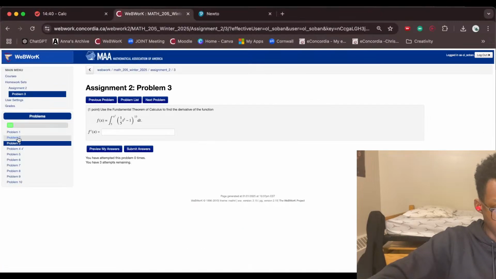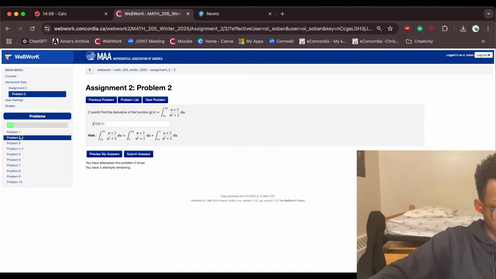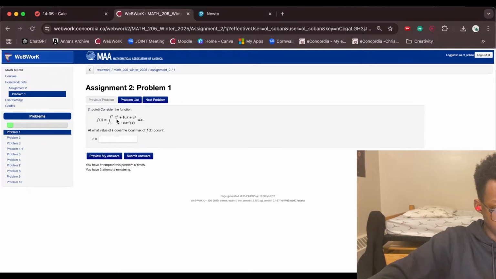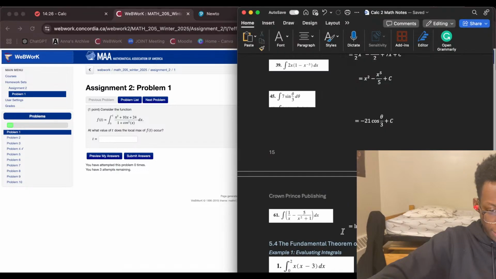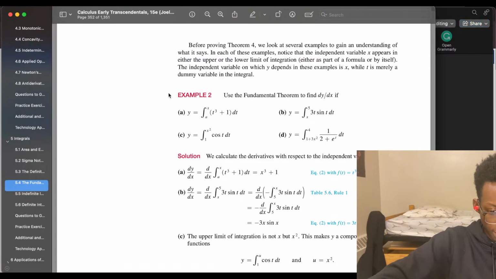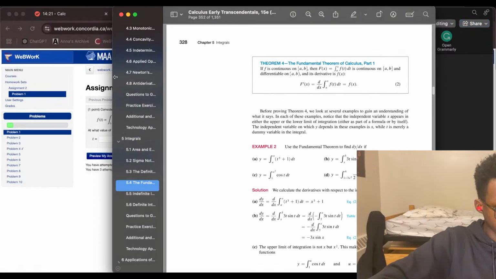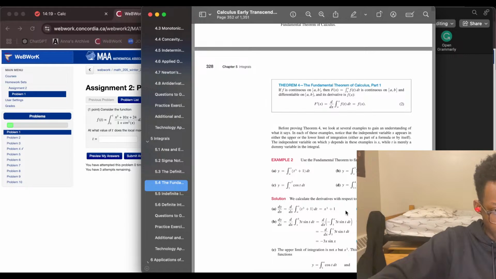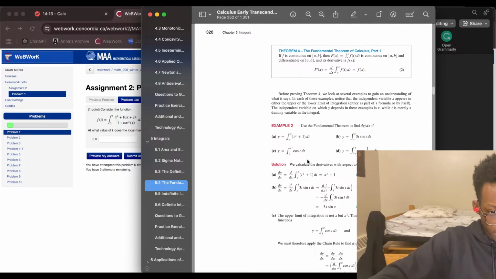Okay, so we have our 1 over here. So t, x, whatever. So we're using the fundamental theorem.